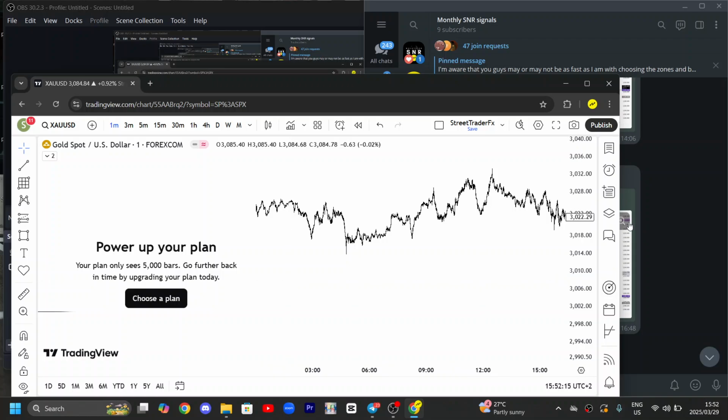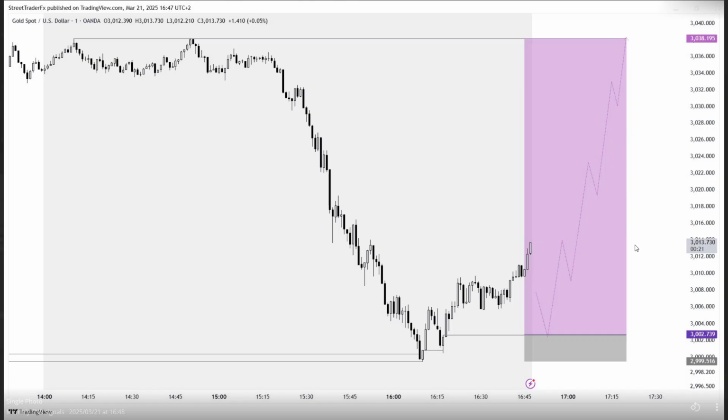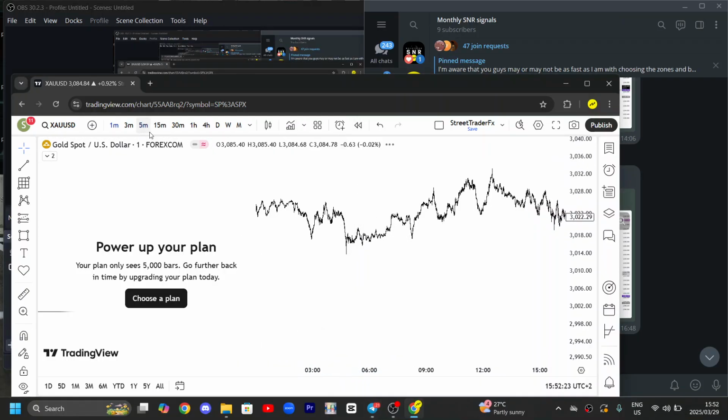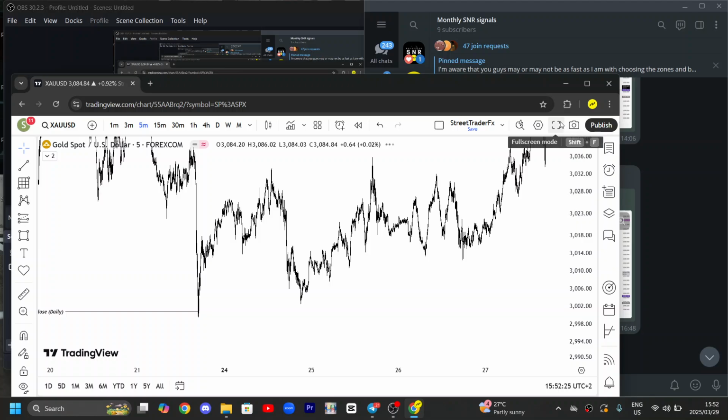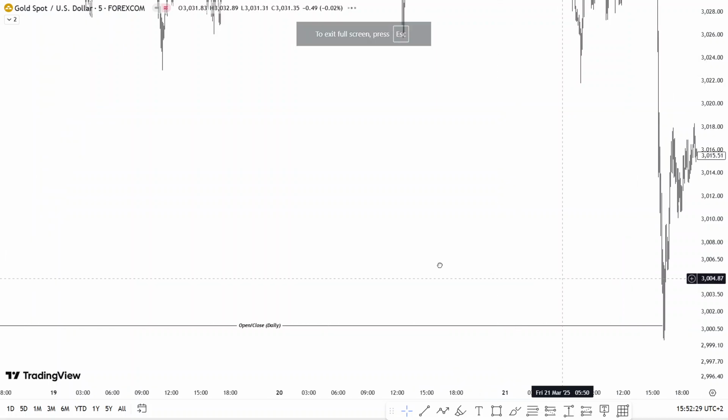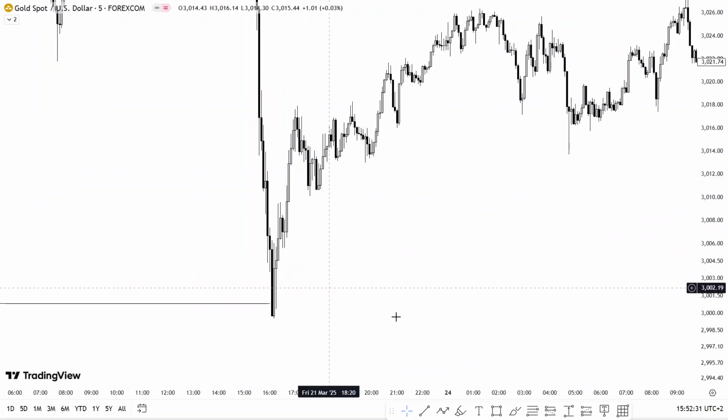What was the price? 3002.739, right? Yeah. So we're gonna go down to the M5 just to mark that level up, so that we can see whether it did trade into that area or not.